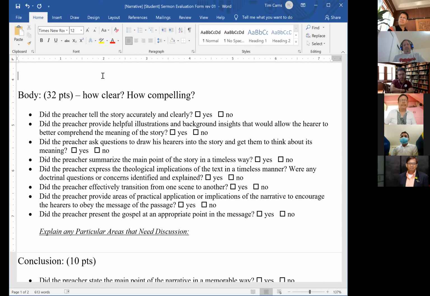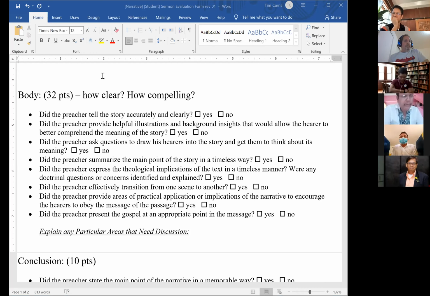Now with epistles, remember we had the outline points, and then for each outline point, you had the point, the proof, the picture, the plan, and the problem. Where the point is stating the point, the proof is explaining it from the text, the picture is the illustration, and then the plan is the application.